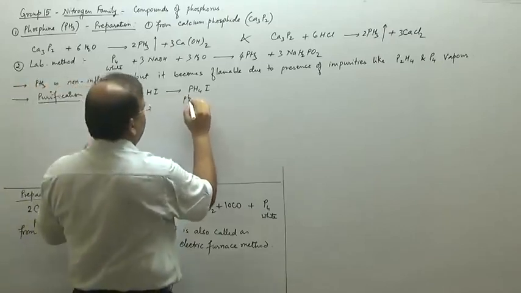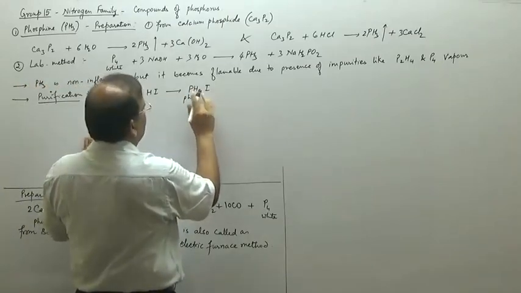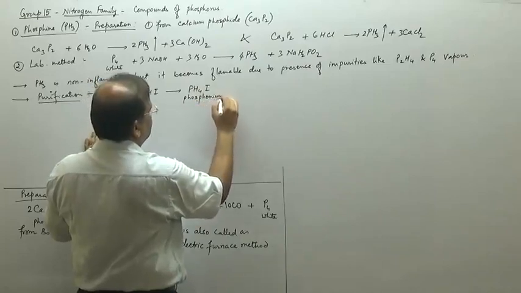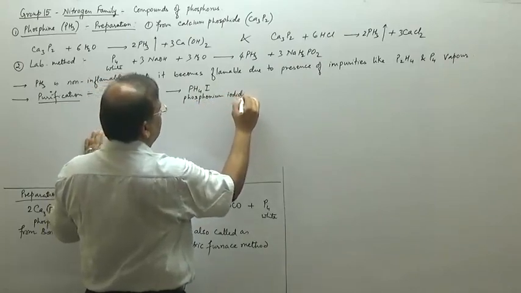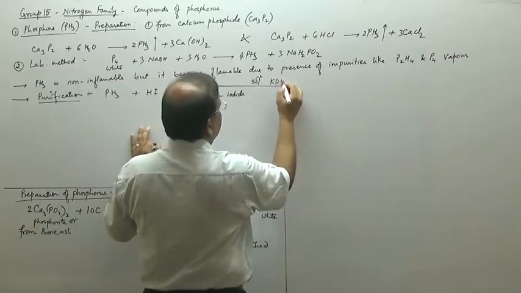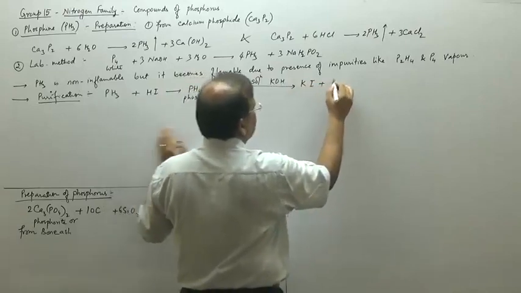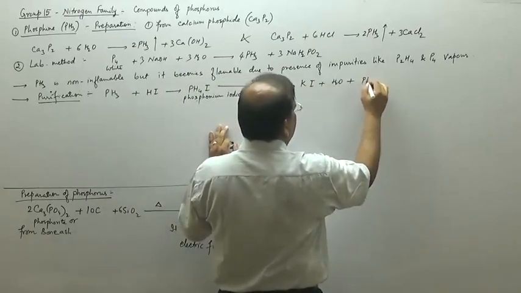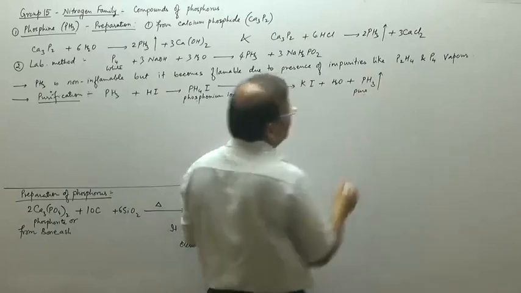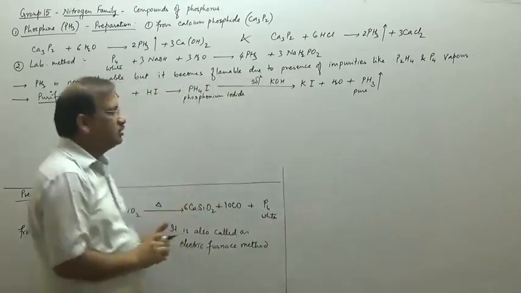When phosphonium iodide is treated with a solution of KOH, we get KI plus H2O plus PH3, and the pure PH3 is liberated. This is how we get pure PH3 after purification.